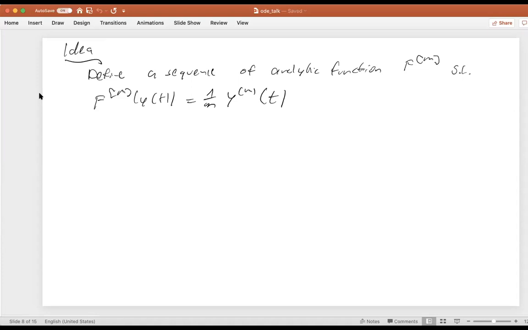Because then we have that the solution is given by this power series. And since we are only looking at initial values at 0, we can just say that this is given by f_m of 0.